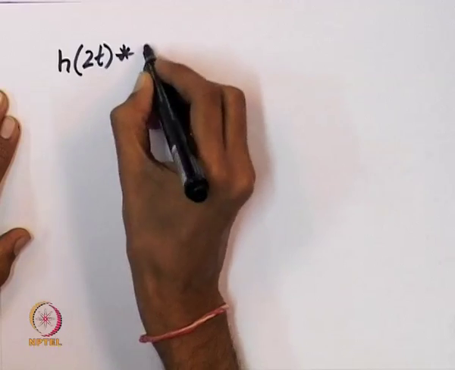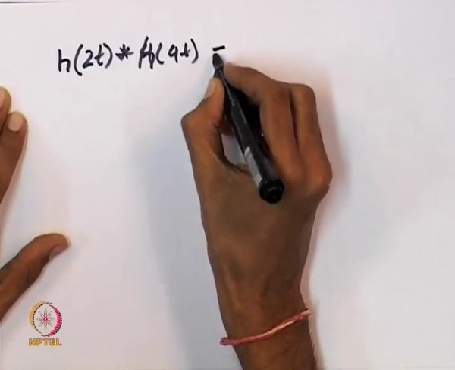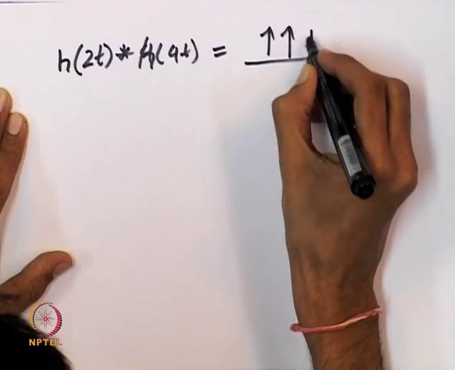Now, we have h of 2t convolved with h of 4t, which is a sequence which looks like this.